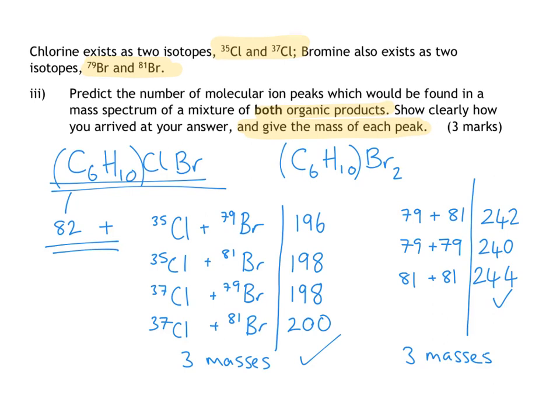So a bit of an extension, but you are expected to know, and as you move into synthesis, you'll be doing more mass spec of halogenoalkanes and seeing that they tend to produce these pairs of molecular ion peaks usually, or in this case 3 different options, because we've got Br2 or a Cl and a Br.